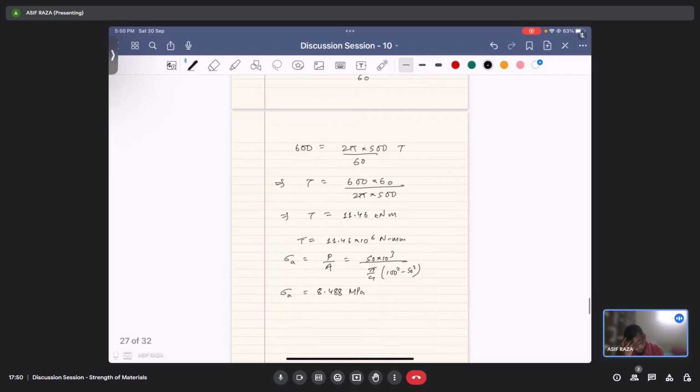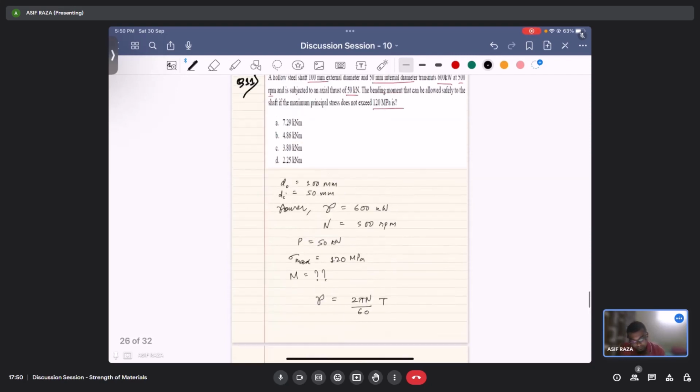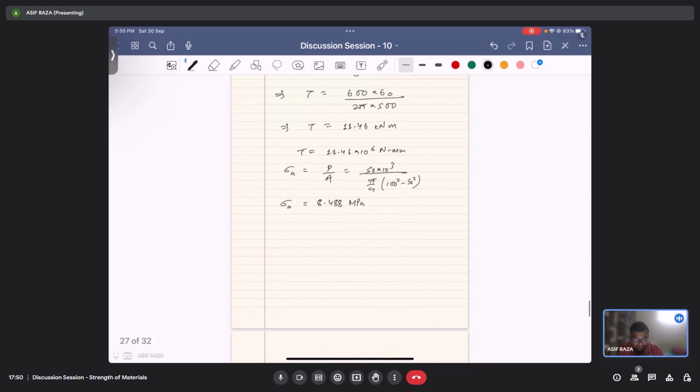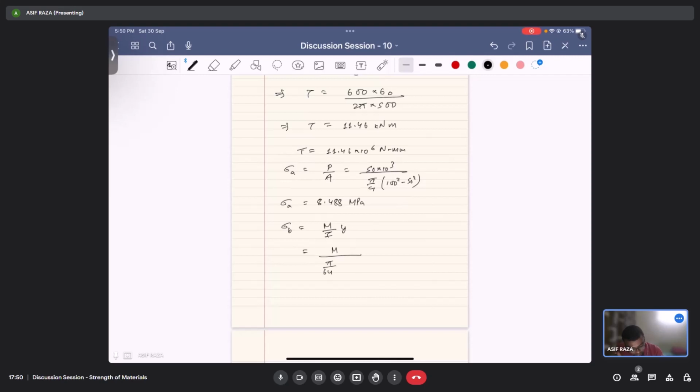Due to the bending moment, let it be M. Sigma b would be equal to M by I into y, where y is D naught by 2. Here I is pi by 64 into (100 to the power 4 minus 50 to the power 4), and y is 100 by 2.